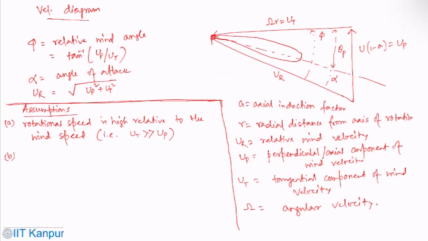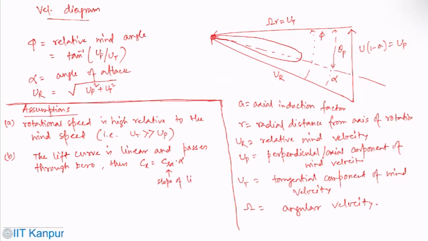B, the lift curve is linear and passes through zero. So CL equals CL alpha into alpha, where CL alpha is the slope of lift curve.